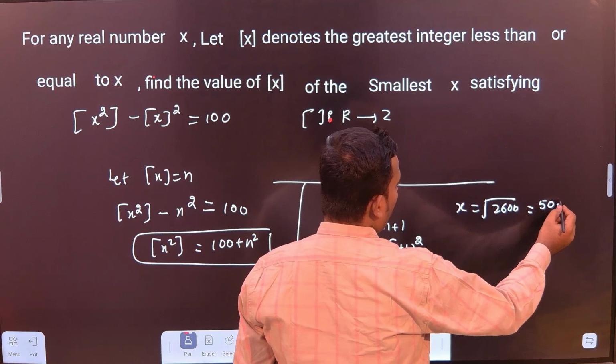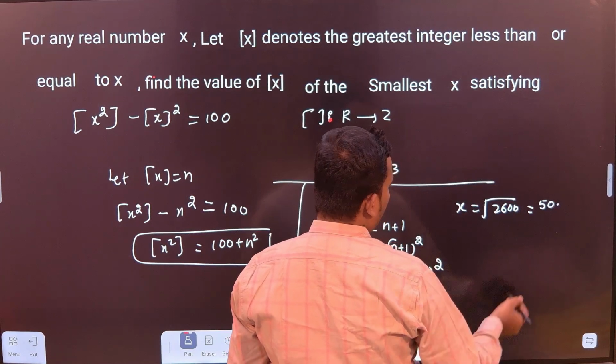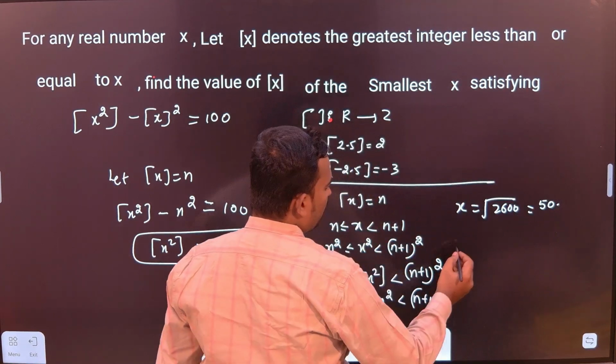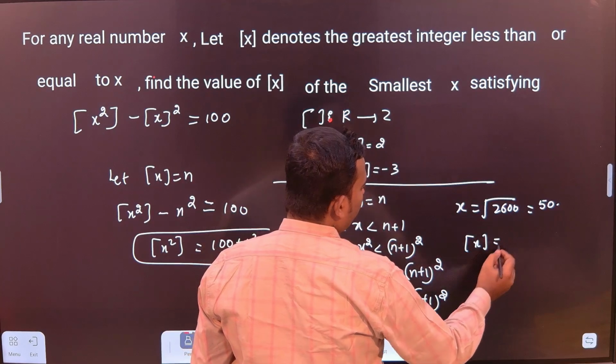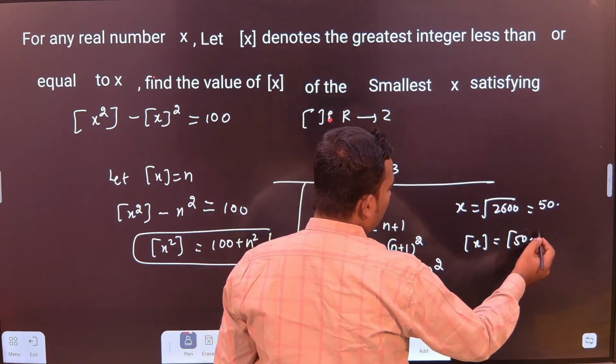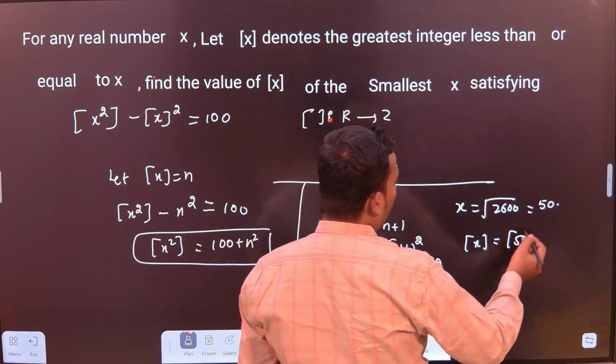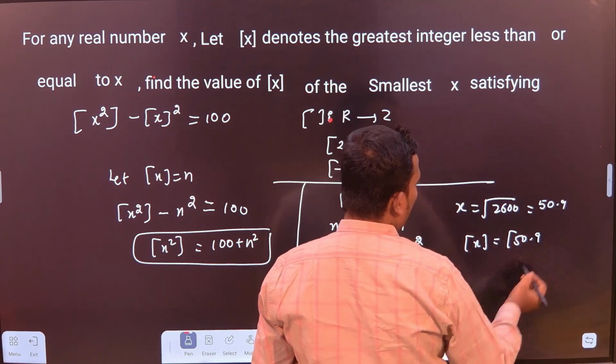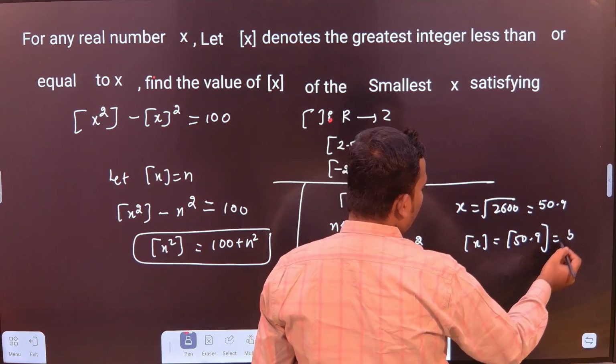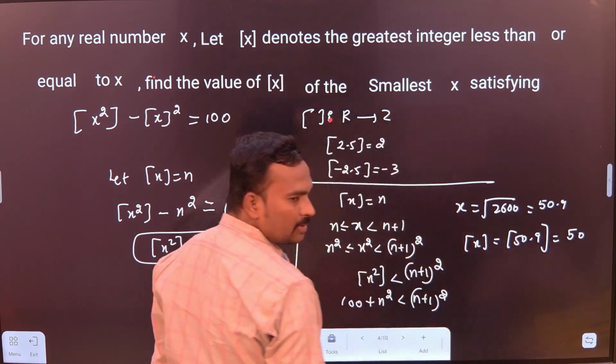So the greatest integer function of 50 point something, if you take 50.9, will be 50 only.